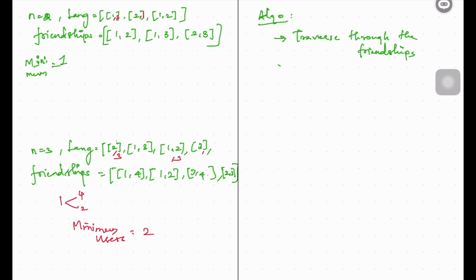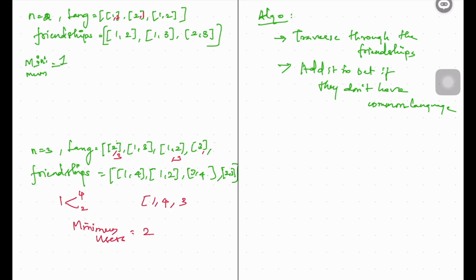Add to the set all the people who don't have a common language. So once you have added, 1 and 4 don't have one, then here 3 and 4 also don't have. Already 4 is there, so you don't need to add it again.